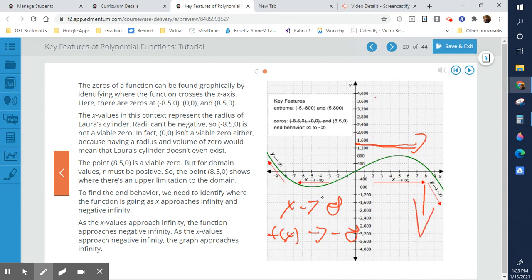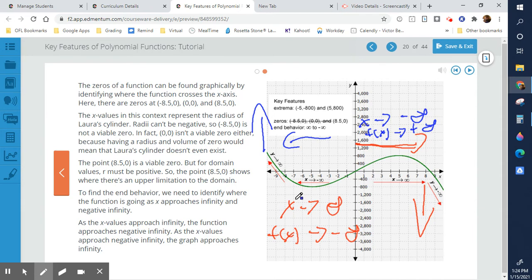The next one is as x approaches negative infinity. That means, you know what, let me write that in a different color so it makes a little more sense. As x approaches negative infinity, our f of x, our y value, approaches positive infinity. That means our graph is going up. So that's what this means.